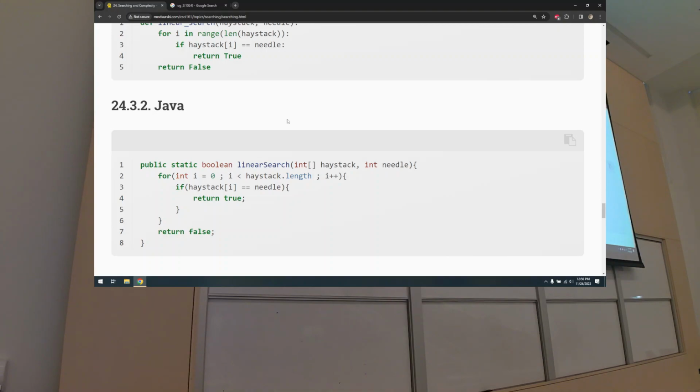And then we have haystack and needle. But with Java and a lot of other languages, you have to be a little bit more explicit with your types. So for our purposes, you could think of this as an integer list, a list of integers called haystack and an individual integer, needle.